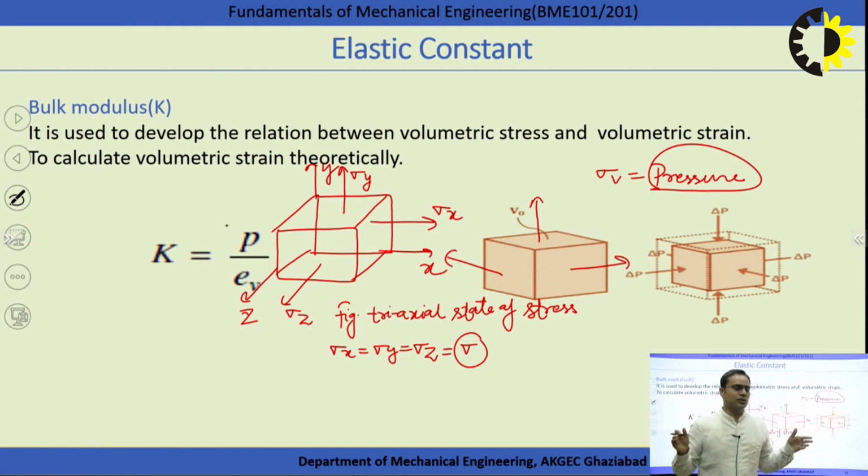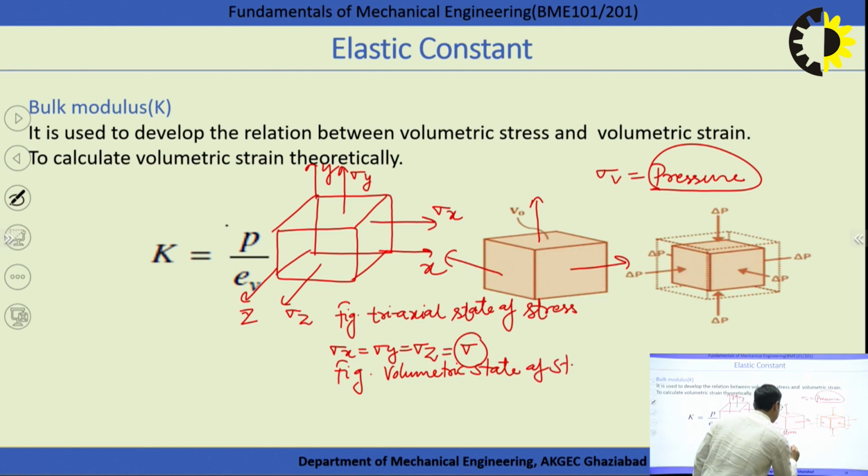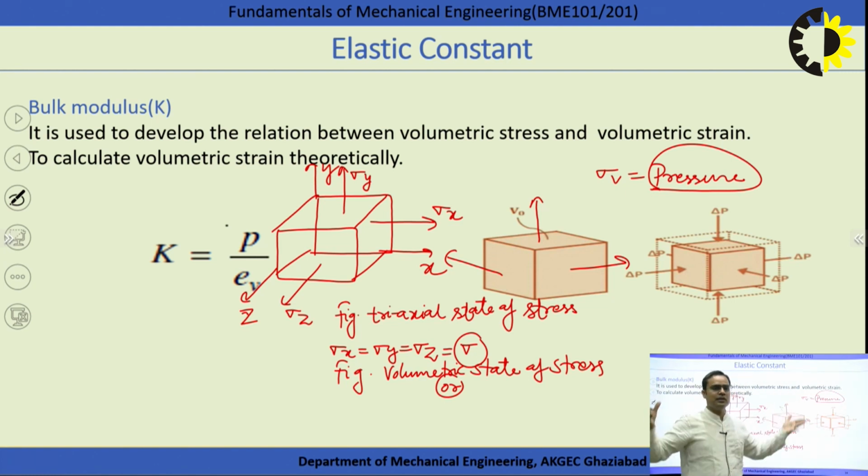So in that case, this figure will represent, if the stress is same in all the directions, volumetric state of stress, or we can say hydrostatic, because volumetric stress is nothing else, it is just like a pressure, because the intensity of pressure is also same in all the directions.